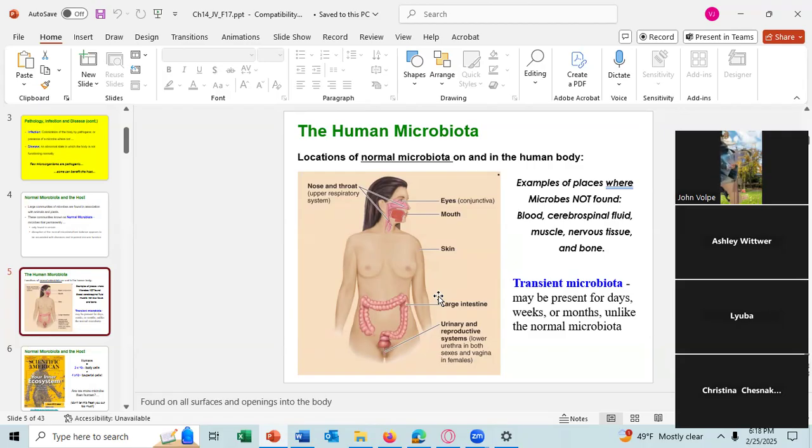It differs from the transient microbiota. The transient microbiota may be present for days, weeks, or months, but unlike the normal microbiota, it does not permanently become established. An example of transient microbiota I got when I went to visit my aunt.